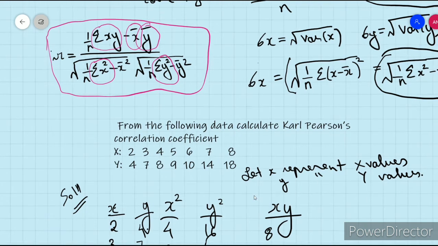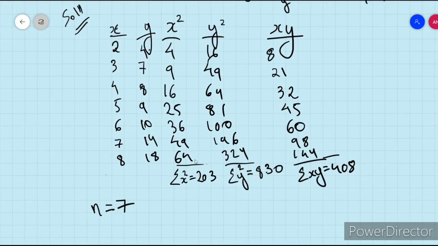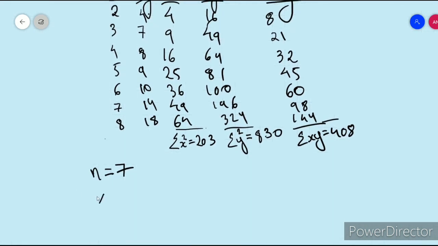So the arithmetic mean of the x series is nothing but the summation of the x values divided by n, and the mean of the y series is nothing but the sum of the y values divided by n.